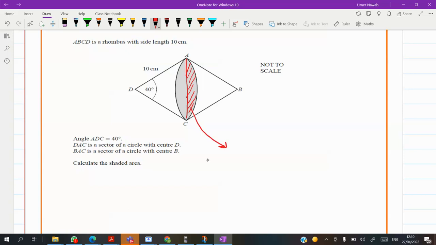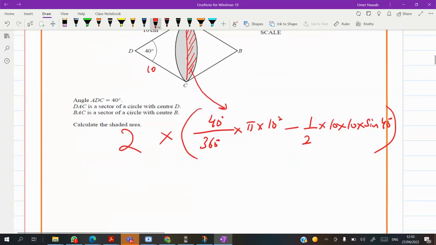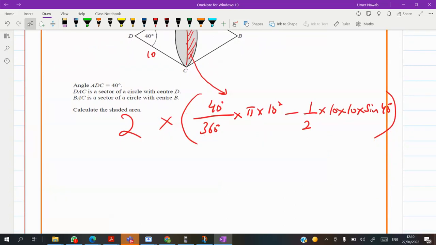So this area is sector 40 over 360 times pi, the radius is 10 squared, minus triangle, the trigonometry formula, half times 10 times 10 times sine of 40 degrees. Once you get this answer, times with the 2, that would be the area of the shaded. I will not call it shaded segment. This is the sum of two segments, one from the left and the other one from the right.